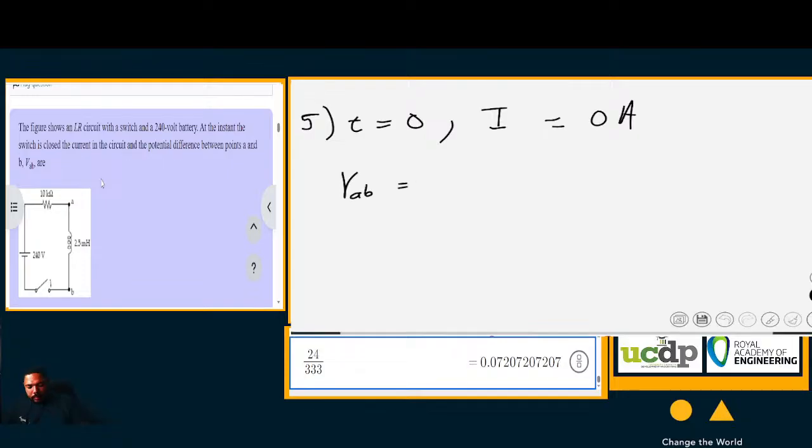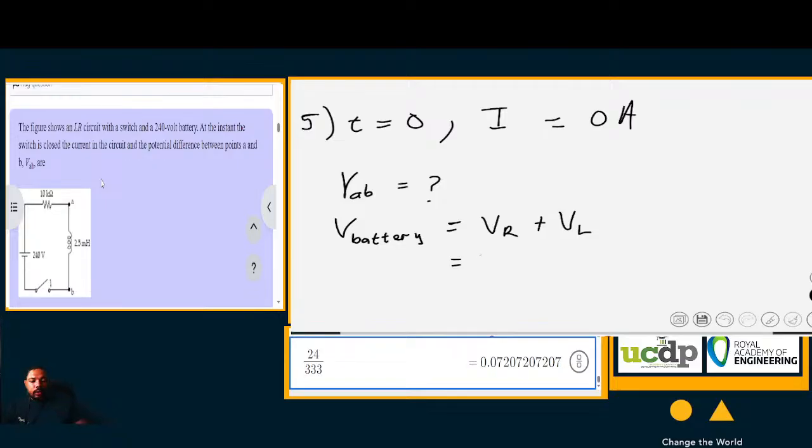VAB. Now, the total voltage in this case is that of the battery, and it will be the sum of the voltage across the resistor plus the voltage across the inductor. They must equal the voltage of the battery.